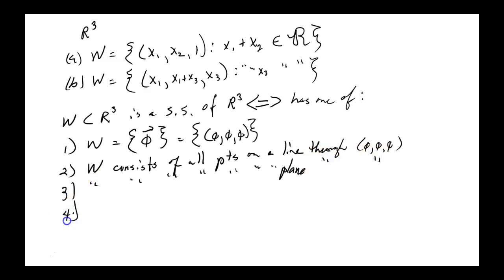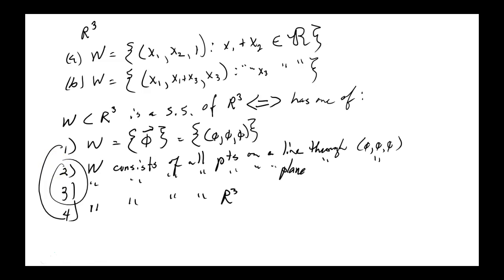And 4, W consists of all of R3. That's the other trivial one. These two are the trivial ones. These two are the non-trivial or proper ones.